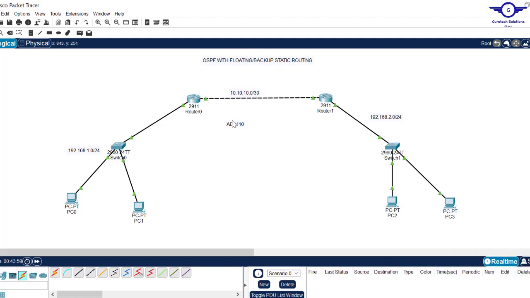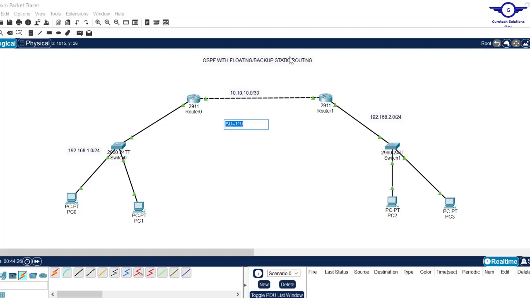So I was saying that when we want to implement a backup or a floating static route, we should do it with the highest administrative distance. Remember, we have to do a backup for OSPF, and OSPF has an administrative distance of 110.